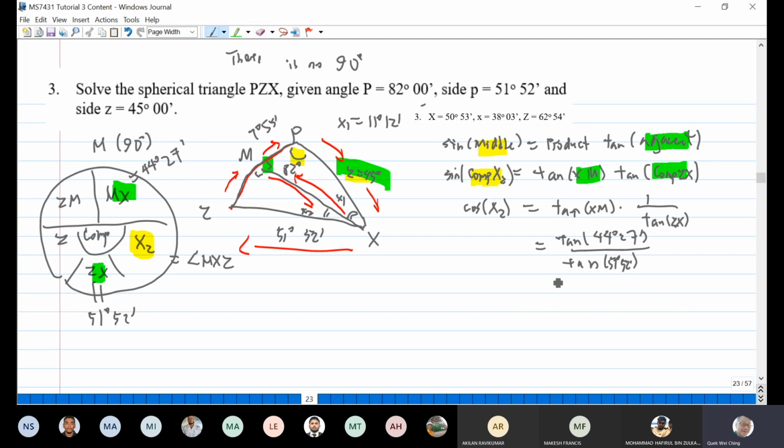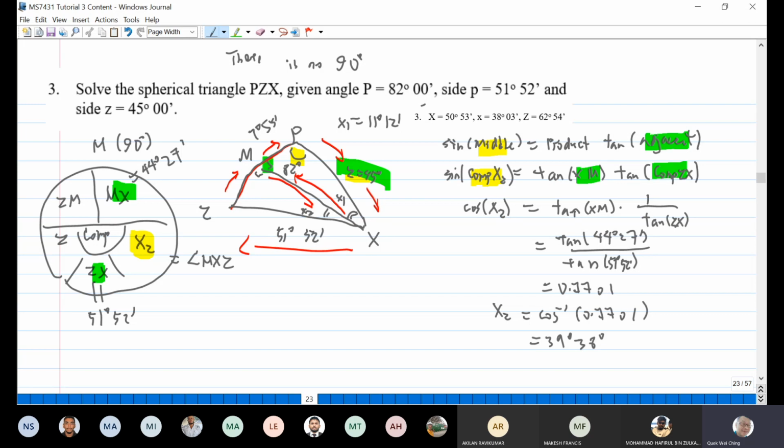From here, X2 is equal to cosine inverse of 0.7701. So shift cosine inverse answer, you get 39 point something, 39 degree 38 minutes, right?